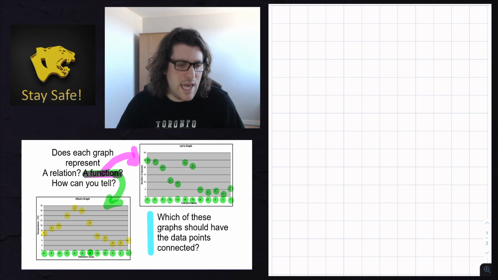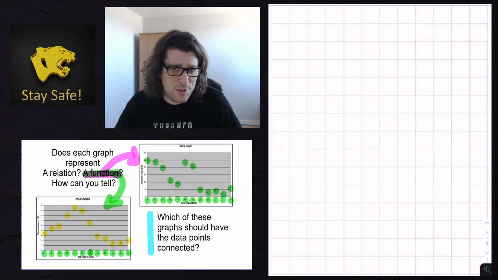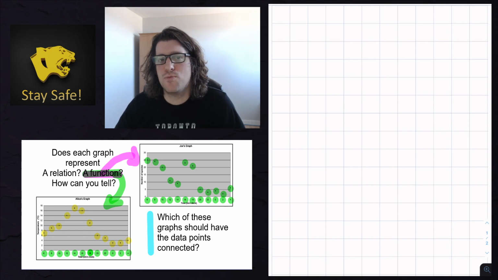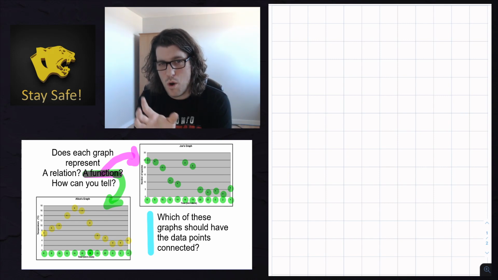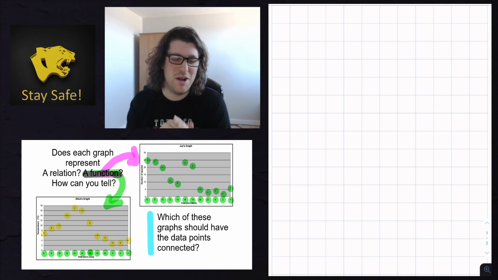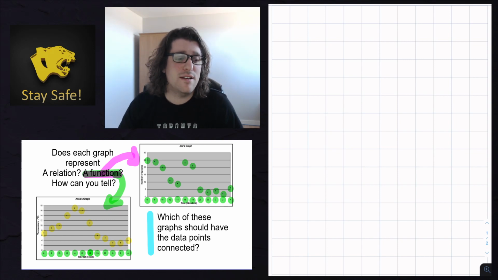Now, in the case of temperature changing during the day, temperature changes smoothly. So we're not going to get into the nitty-gritty of what makes heat and temperature, but for instrumentation, we're going to say that temperature changes smoothly.